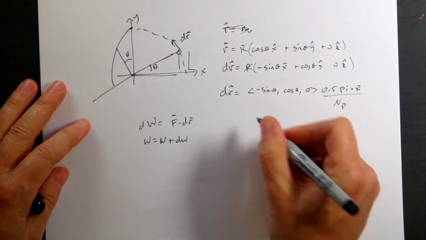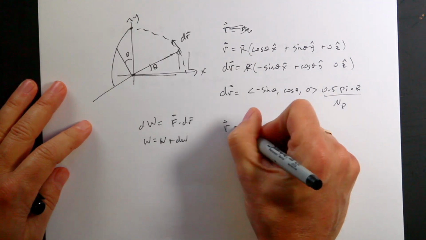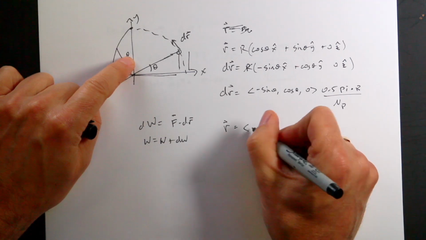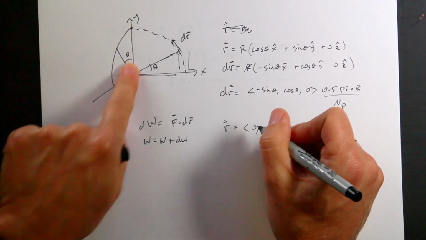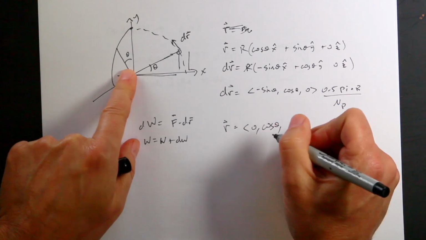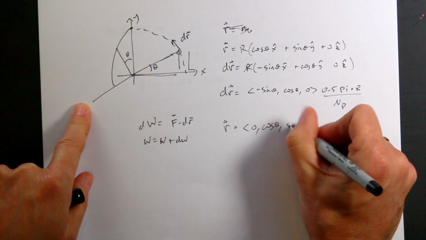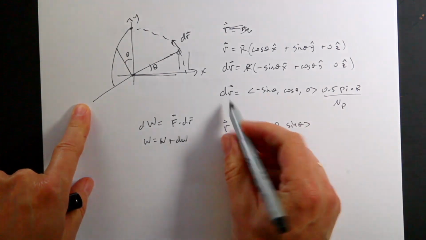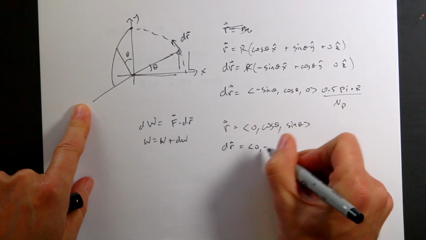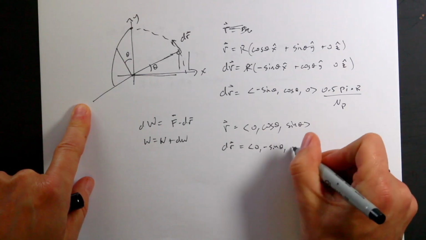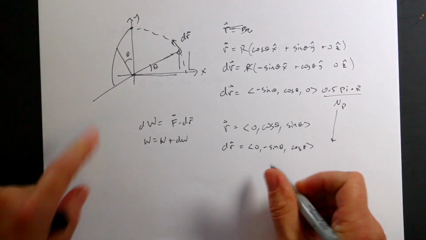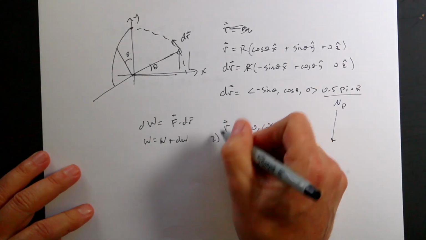But in this second path, I'm going to say r is going to be equal to the vector: the x coordinate is going to be 0, the y coordinate is going to be the adjacent of that triangle, so cosine theta, and then the z component is going to be sine theta. And then when I take the derivative, dr is going to be 0, negative sine theta, cosine theta, because I'm just taking the derivative of those. And then I have that same thing down here. This is path 2.